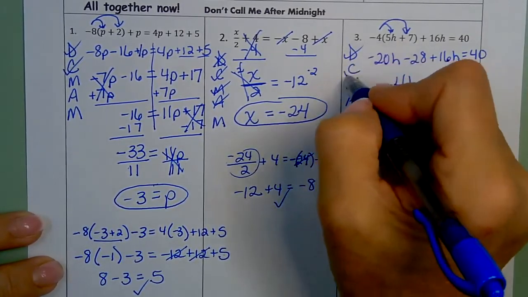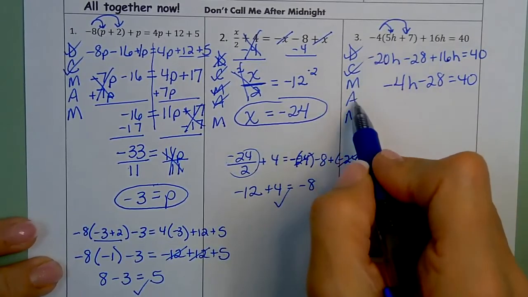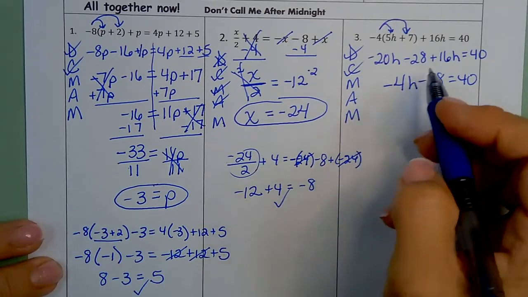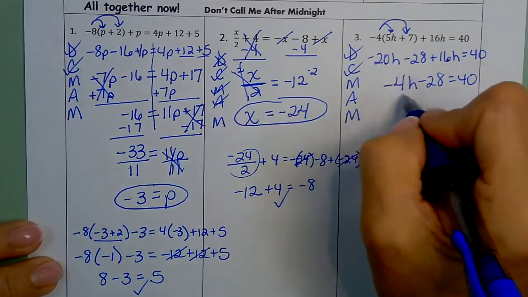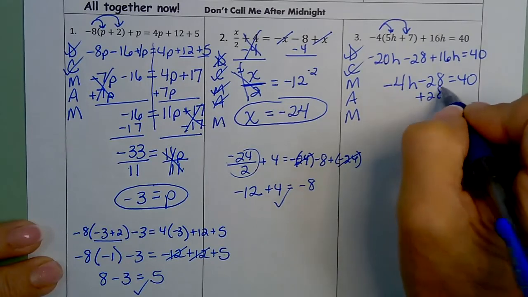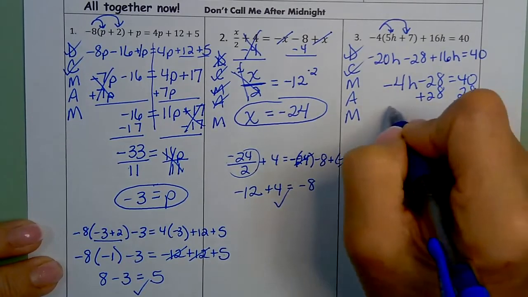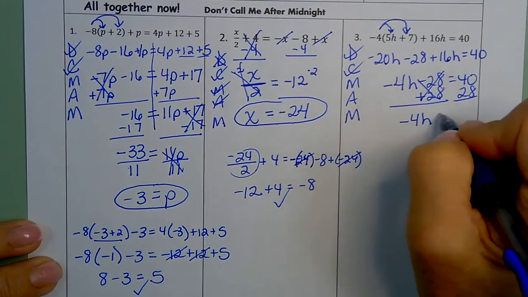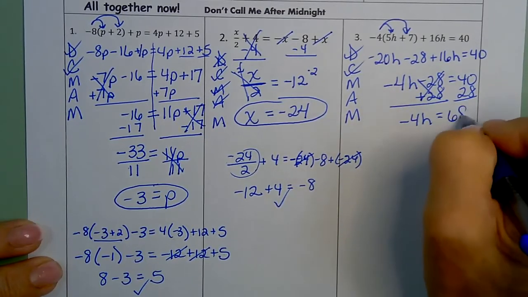Okay, so there we've combined, and now we need to move and add or subtract and multiply or divide. So I have my variable here, we've got to move him. So I'm going to add 28 to both sides. -4h equals 68.